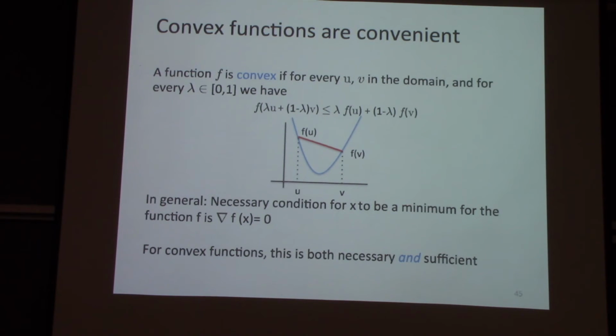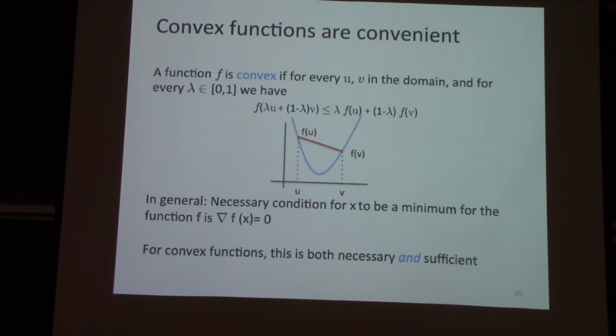So if you find the gradient is 0, that's a possible candidate for a minimization point. But it's also possible to actually be a maximum point. So in general, we don't know whether a point with 0 gradient is a maximum or minimum or even a saddle point.